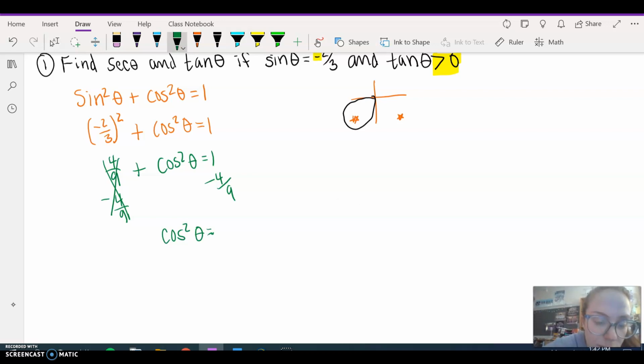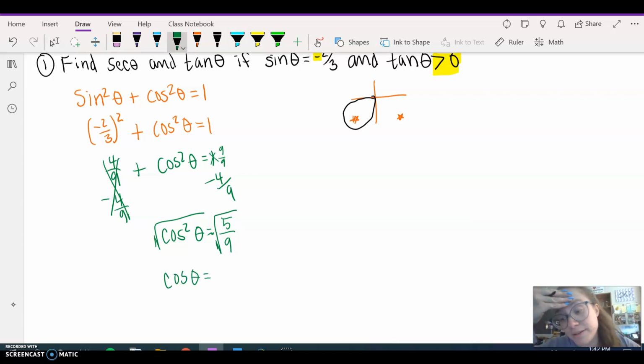So then 1 minus 4/9. So 1 is the same thing as 9 over 9, so I could subtract my fractions. 9 over 9 minus 4 over 9 is 5 over 9. And then I'm going to square root. Now, when you square root something, it is a positive or a negative value, plus or minus.